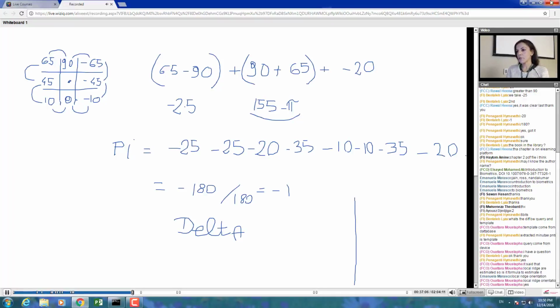And then we have, let's say, a ridge which goes in this direction. We consider the local ridge orientation at this point, at this sector, x and y. So I'm giving the general definition, and I can also give you a reference.